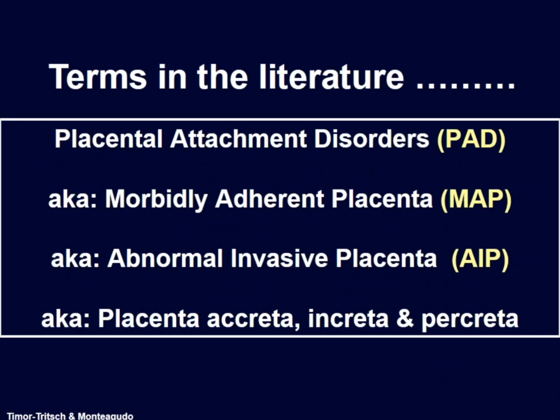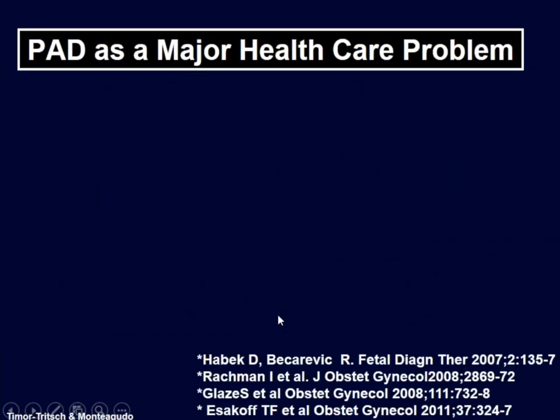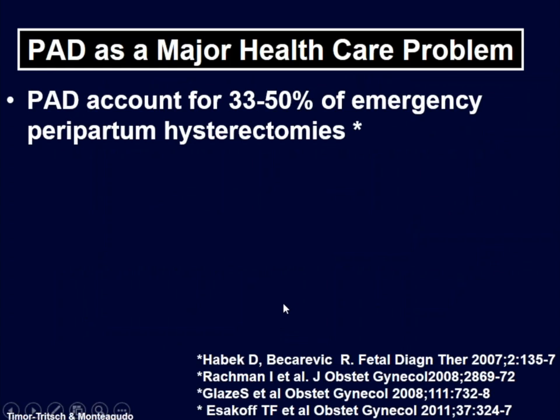The terms in the literature are PAD, MAP, and AIP, abnormally invasive placenta, and all of these really encompass accreta, increta, and percreta. It is a major healthcare problem.